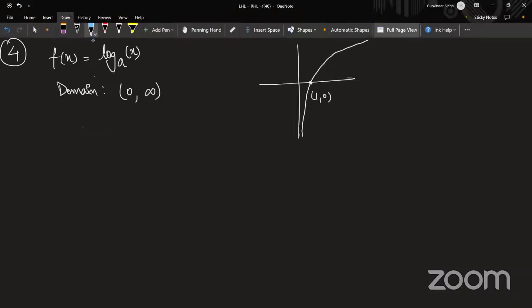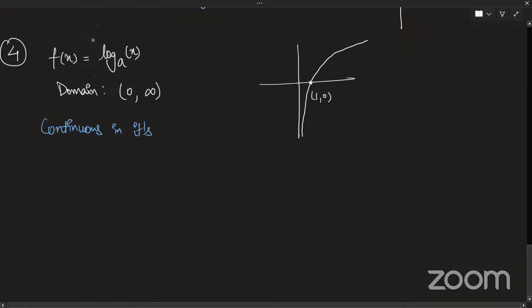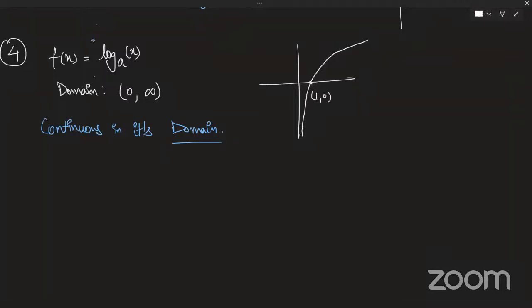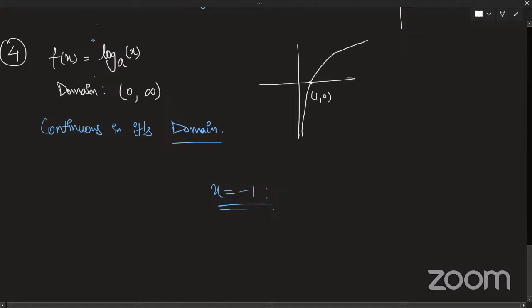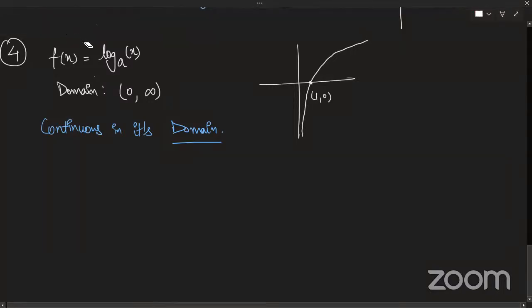Starting from 0 and going till infinity, the curve can be plotted without lifting my hand. So it is continuous in its domain. Now, if you ask me whether ln x is continuous at a negative value, for example you take any negative value, obviously it can't be continuous because it does not exist at that point.